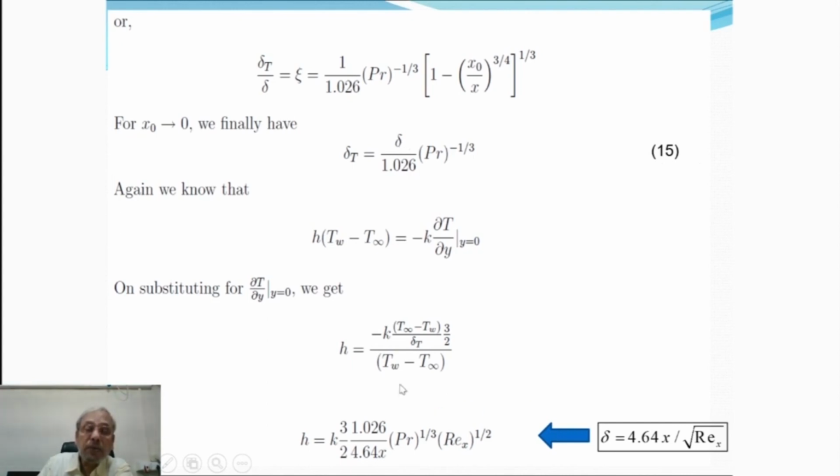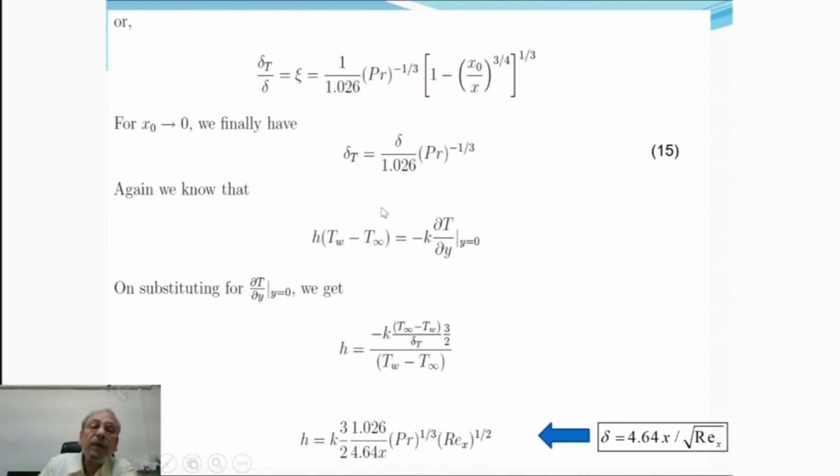So delta goes to the denominator, Prandtl number to the power minus 1/3 then becomes Prandtl number to the power 1/3, and delta further gets substituted by 4.64x into Reynolds number to the power half. So we have to substitute systematically, one after another.